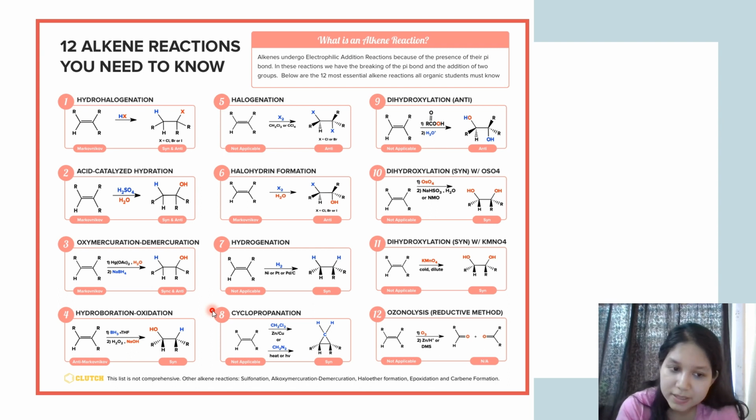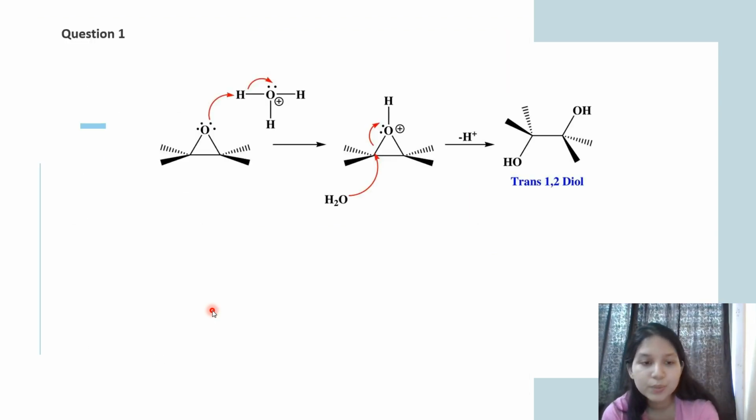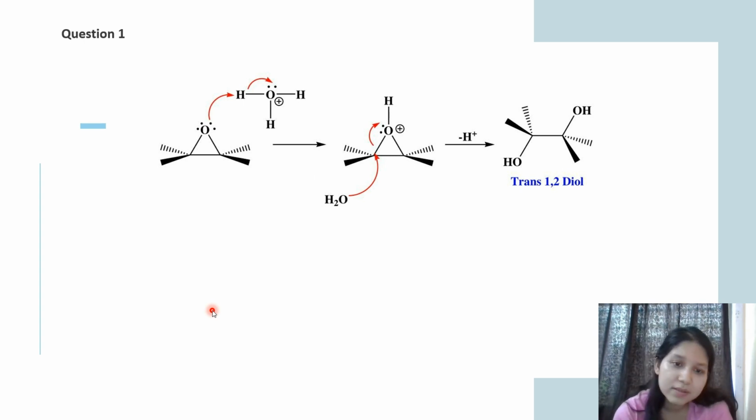So in today's session, what we did was, via examples, we tried to understand the mechanisms followed in these reactions. Okay, at first we saw how an epoxide reacts with acidic medium.